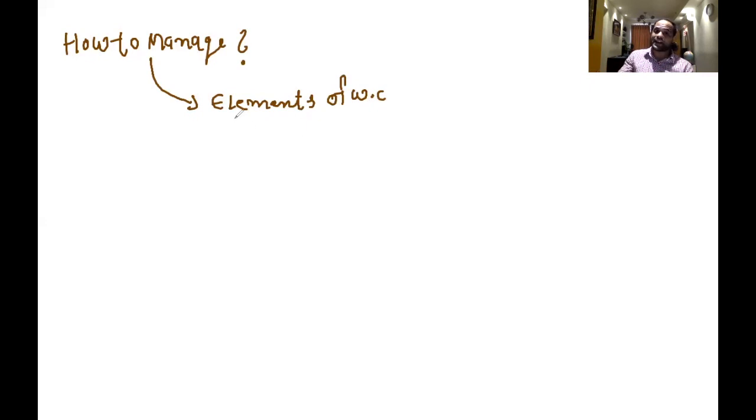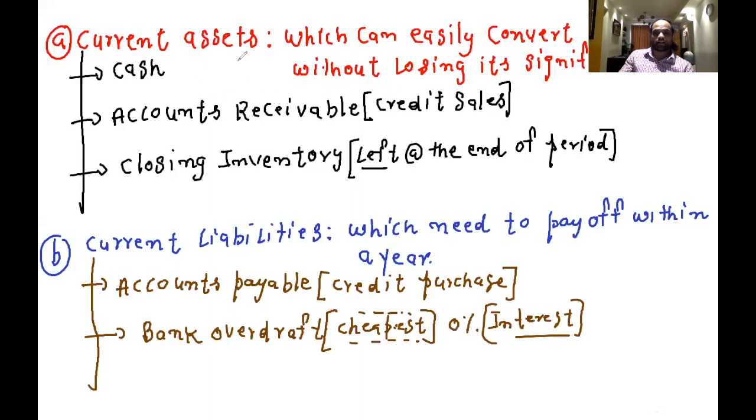And what are the elements of working capital? These are the elements of working capital. All right, 1, 2, 3, 4, and 5. If we are able to manage these elements, we will be able to manage our working capital, right?